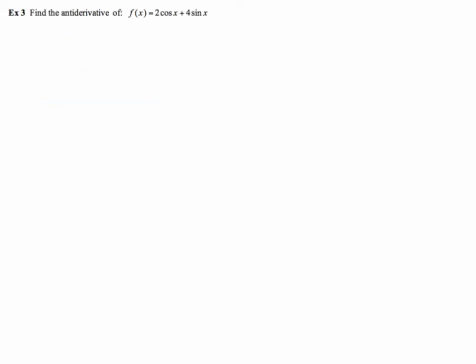For the next example, it says find the antiderivative of 2 cosine x plus 4 sine x. We know that the derivative of sine is cosine, and we know that the derivative of cosine is negative sine.